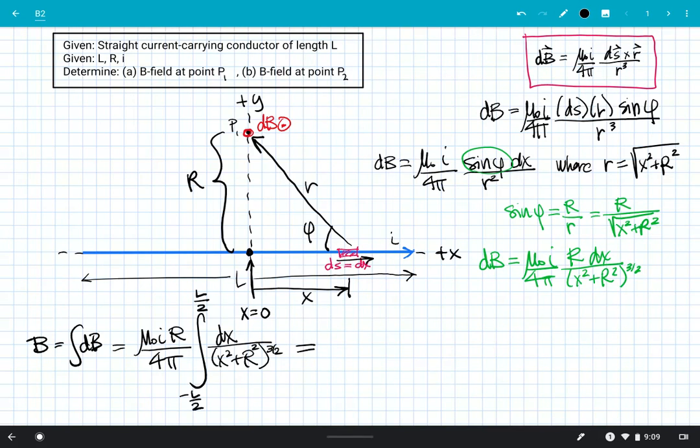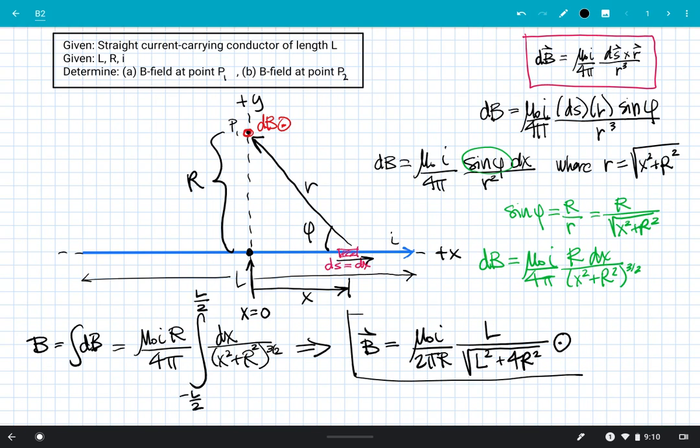What I end up with here for my B is going to be mu naught I over 2 pi big R times L over the square root of L squared plus 4R squared. And that will be, of course, coming out of the page. So that would be my full answer once I do my integration and evaluation for P1.